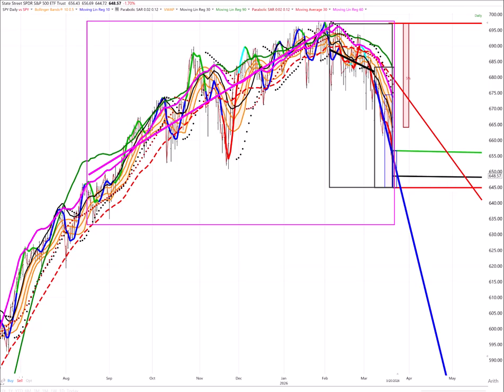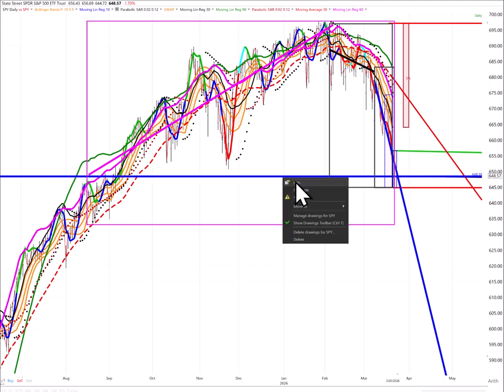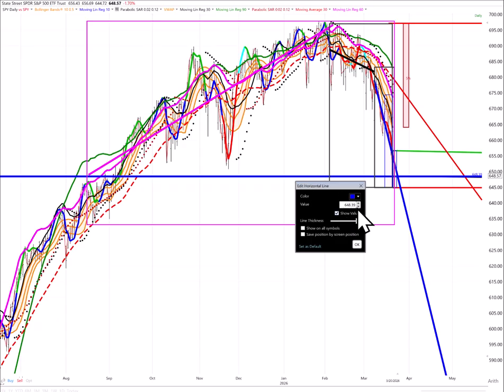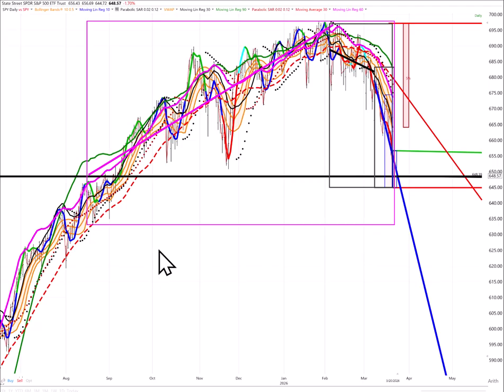In fact, what I'm going to do is put a horizontal line on that right there, color of black, so you can see how much of the above the line of the last 150 days has been evaporated and what it takes to get to the 150-day low.